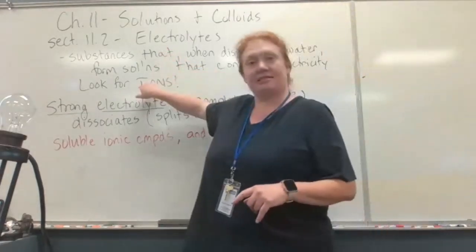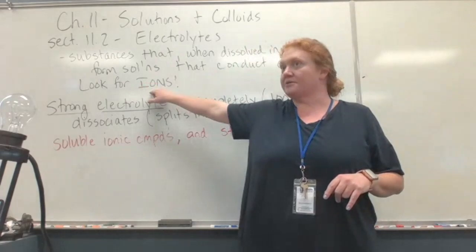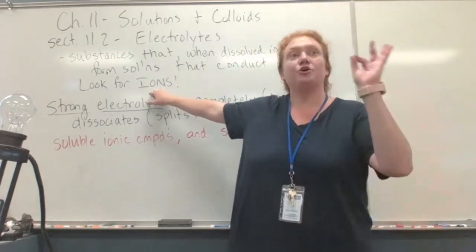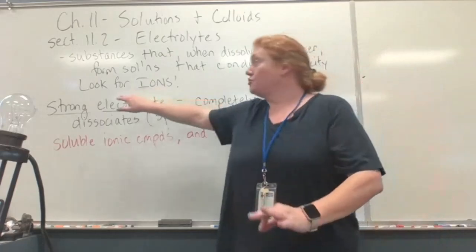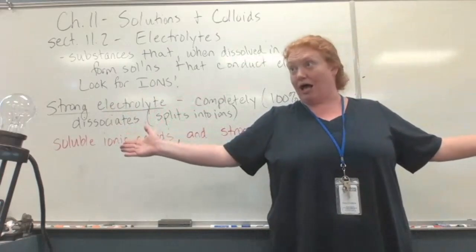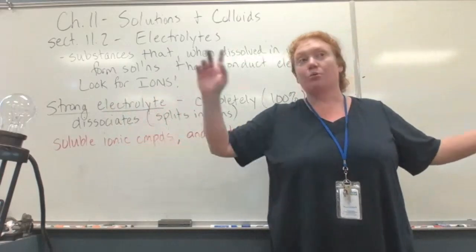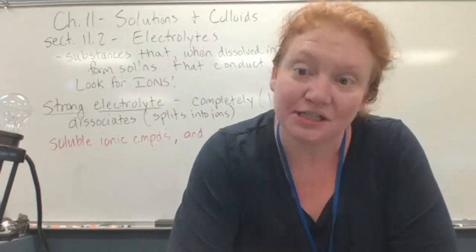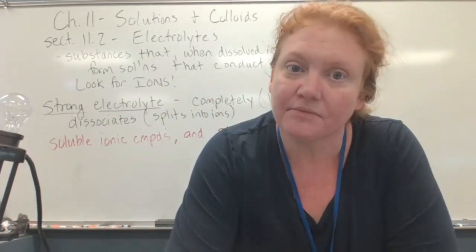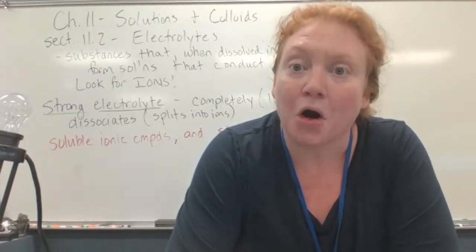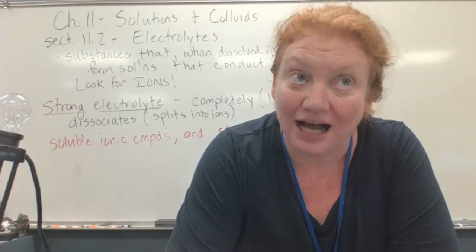If it's a weak electrolyte, it still has to create ions, correct? Electrolytes have to produce ions. Strong electrolytes are strong because 100% of it is now ions in the water. Weak electrolytes only dissociate partially. A weak electrolyte is a substance that only partially ionizes.